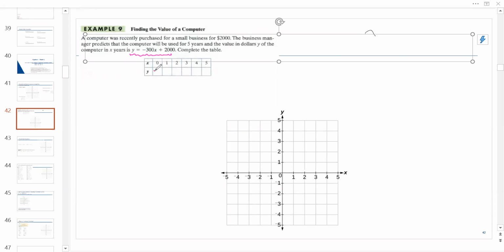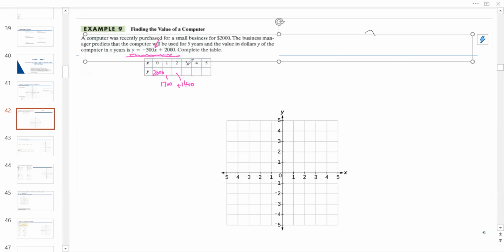So initially you pay $2,000. After 1 year, it became $1,700. After 2 years, you put a 2 inside here, you got $1,400. You have 2 years, so you lost $600, right?